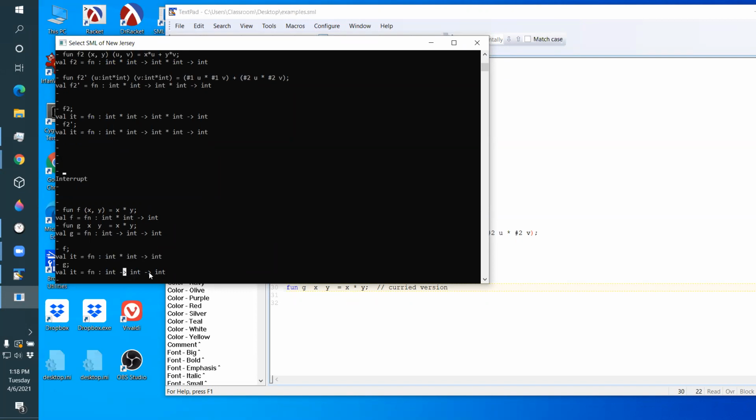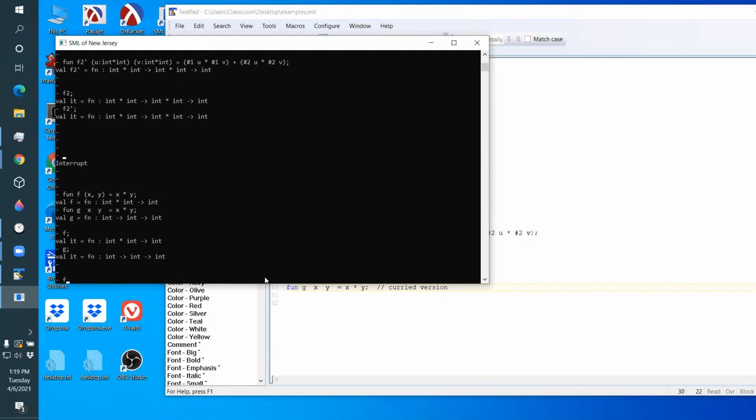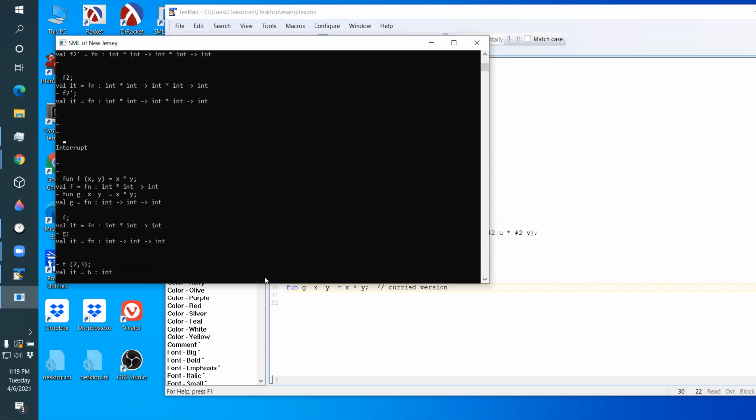Now there are two arrows here, and you read that as the inputs are int followed by int, and then the output is an int. The last arrow tells you what the output is. The other arrows tell you what the individual inputs are. So you call F with a tuple, and you call G with two numbers.